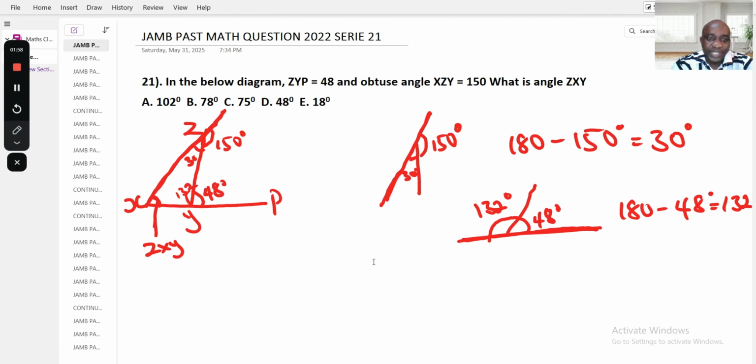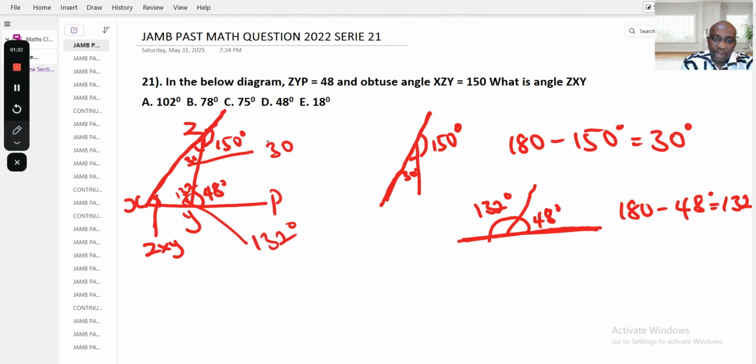Therefore, the sum of the interior angles of a triangle is 180. We have 30 here already, and we have 132 here already. What is going to be the final answer? The question asks us to look for ZXY, which is the final one.